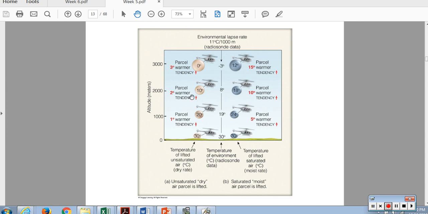The temperature difference between the environment and the parcel becomes larger, and that gives the parcel a greater tendency to continue to rise. And so that brings that parcel higher up into the atmosphere, where it can deliver moisture to the air, and eventually reach saturation and form clouds and precipitation at some point.